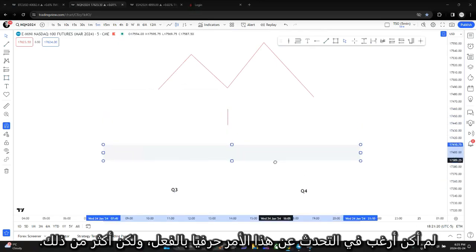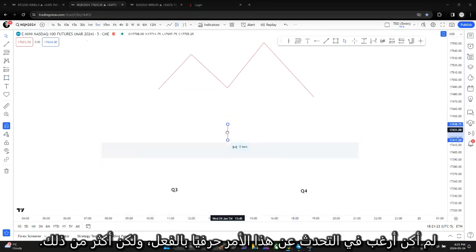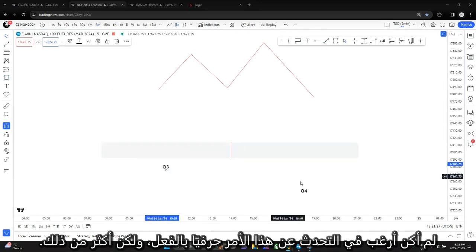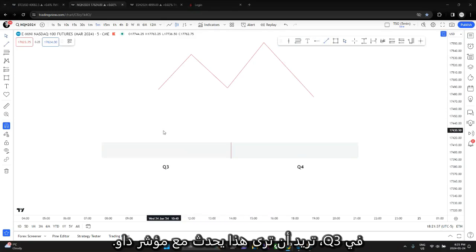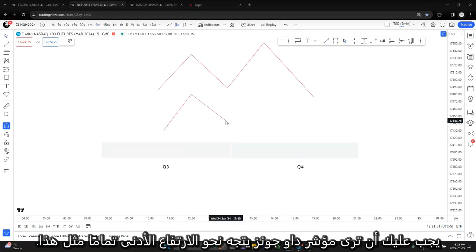I literally did not want to talk about this so early, but you got more sauce. So say for example, this is NQ. During Q3, you want to see this happen with the Dow. You need to see the Dow make a lower high, just like this.